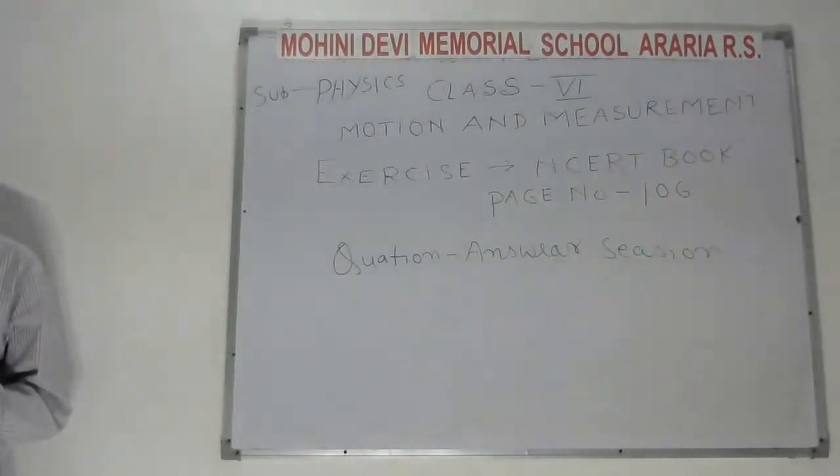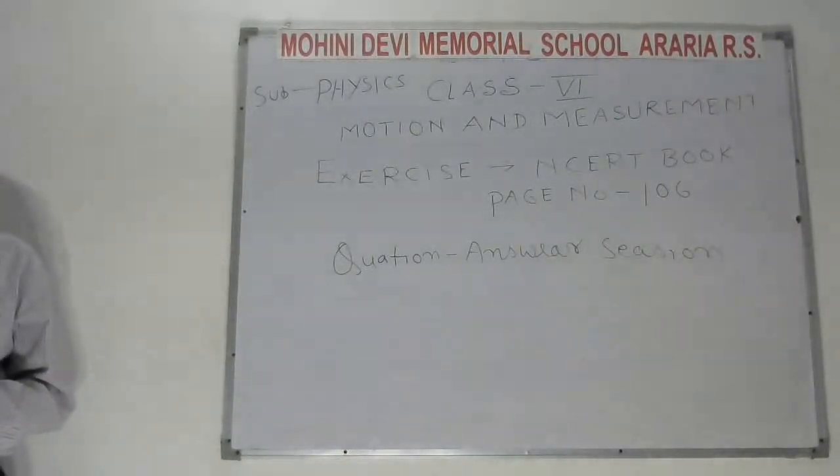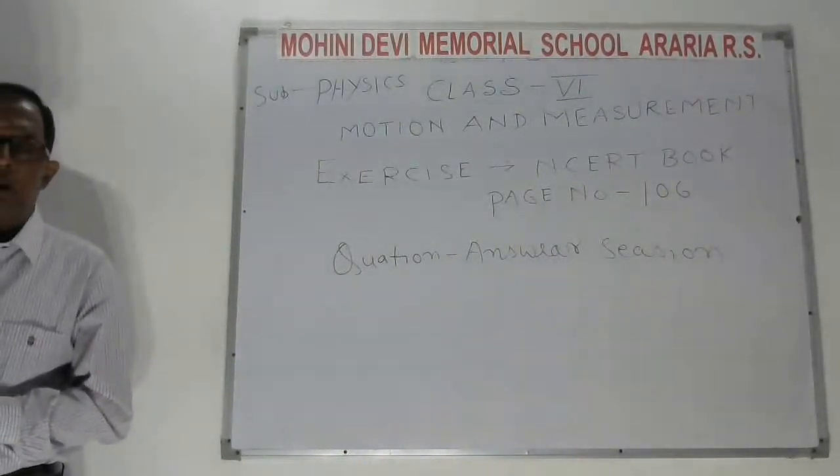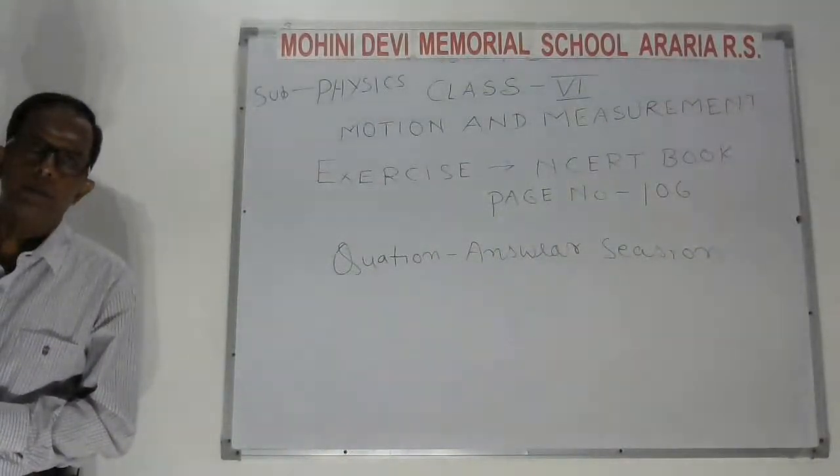My children, the first question of this chapter is: give two examples each of modes of transport used on land, water, and air. In the previous class, I have taught you that there are three modes of transport: road and rail, air and water.